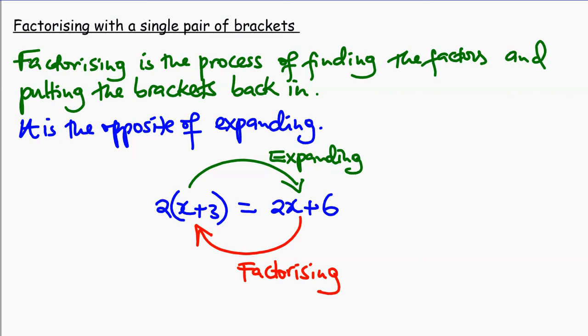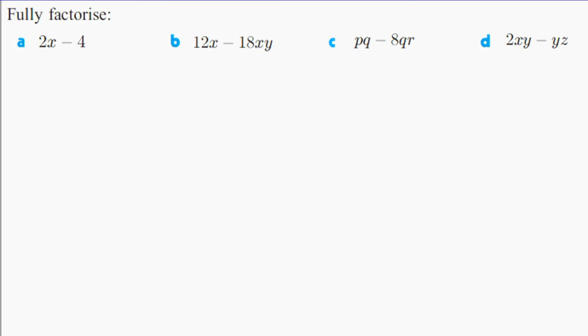So I'll look through some examples to explain this in detail. Remember, the first step is finding the factors. From question A, the factors of 2x are 2 and x. The factors of 4 are 2 and 2.